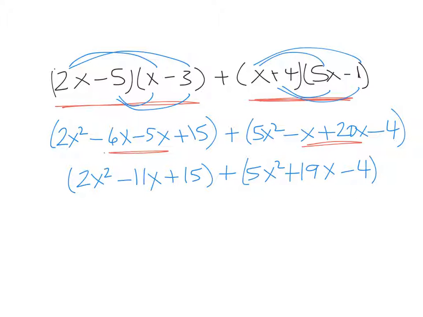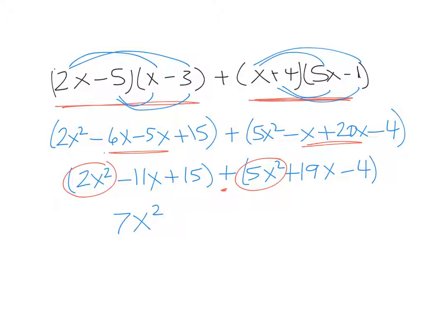Okay, so we have 2x squared and we have 5x squared. And they're adding because there's a plus sign in between them. So if we're adding, that's 7x squared. Okay, then I have negative 11 and positive 19 x's.